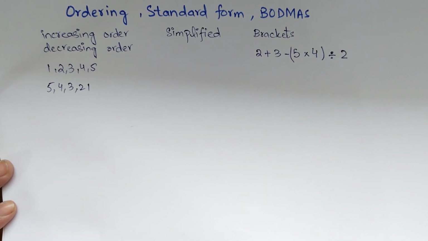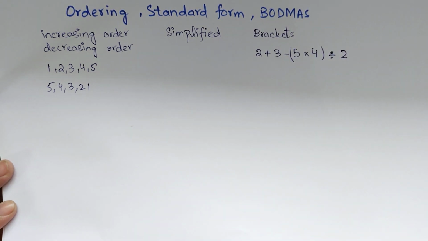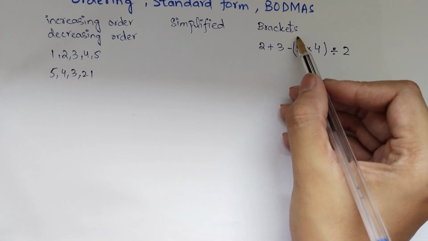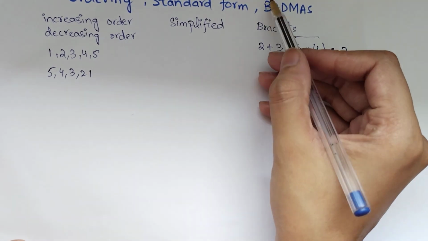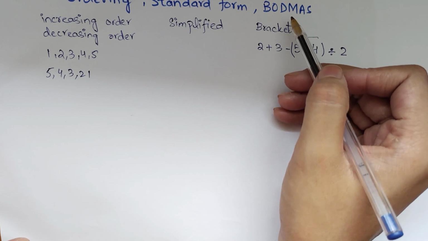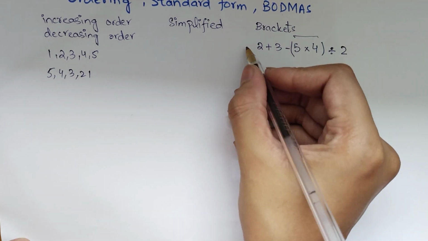So how can you solve a question like this? In BODMAS you have to first solve the brackets, then the division operation, then multiplication, then addition and then subtraction.